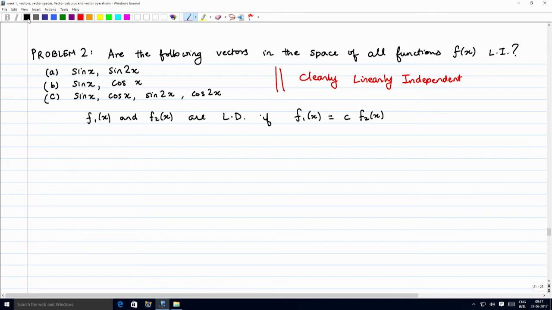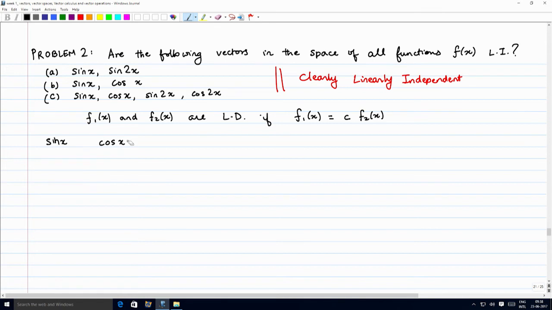I emphasize that it is very clear, because I cannot write sin 2x as a constant times sin x. Similarly, I cannot write cos x as a constant times sin x. Similarly, I cannot write any of these functions as a linear combination of these functions. And so, clearly they are linearly independent, and why I emphasize this problem is the following. Suppose you take sin x and cosine x.